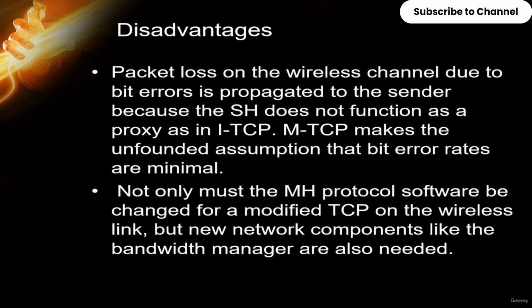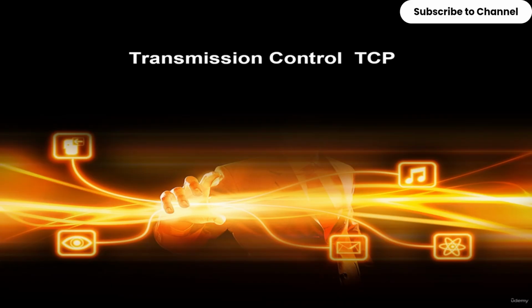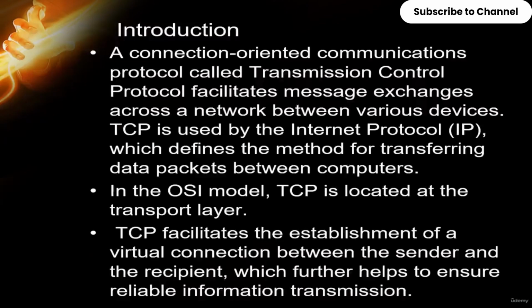Hi, in this video lecture, we are going to discuss basic Transmission Control Protocol, TCP. Transmission Control Protocol is a connection-oriented protocol. Connection-oriented in the sense that both sender and receiver acknowledge each other whenever they are communicating, and it exchanges information with the network with the help of the IP protocol, Internet Protocol.